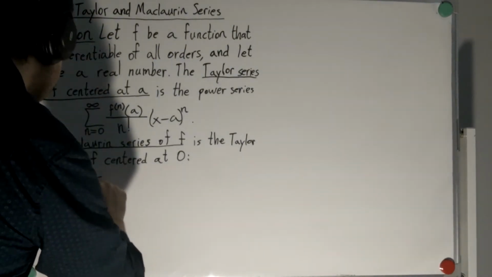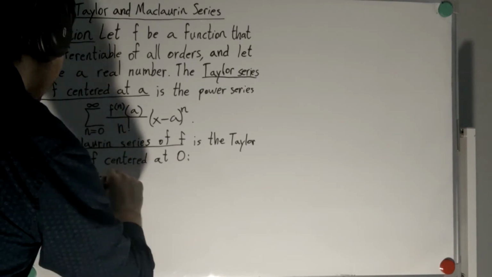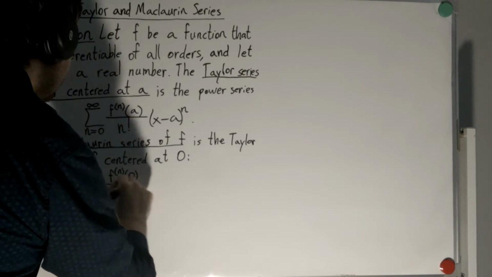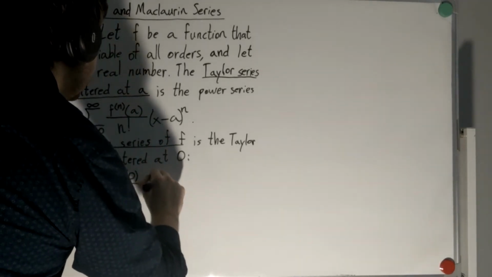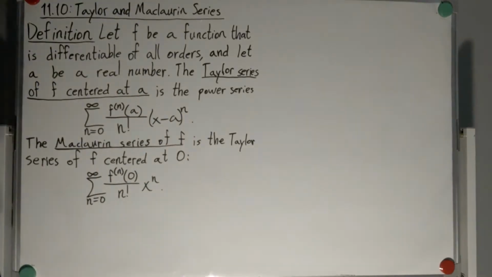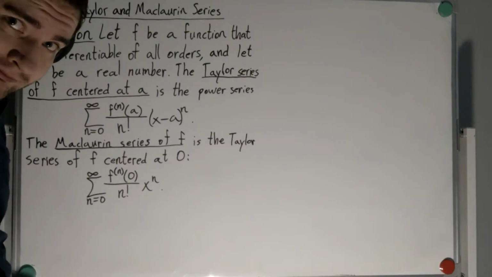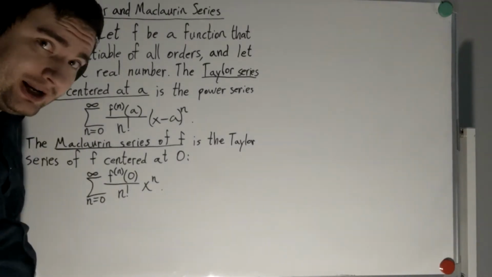So what you get here is the sum from n equals 0 to infinity of the nth derivative of f evaluated at 0, divided by n factorial, times x minus 0 raised to the nth power. Okay. And just a quick reminder, 0 factorial is 1. So that means that this denominator does make sense even when n is 0.